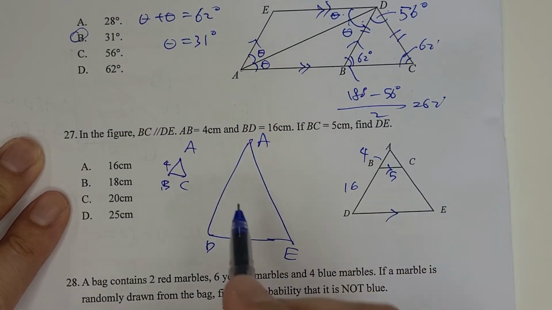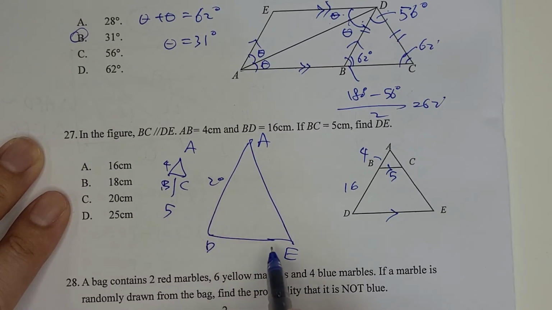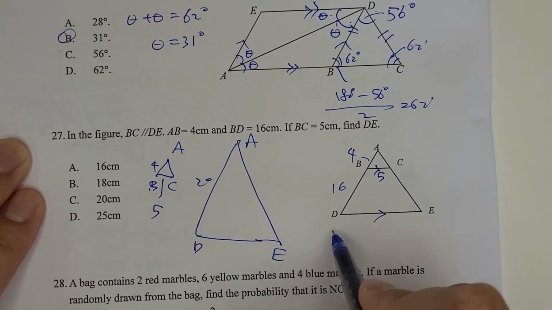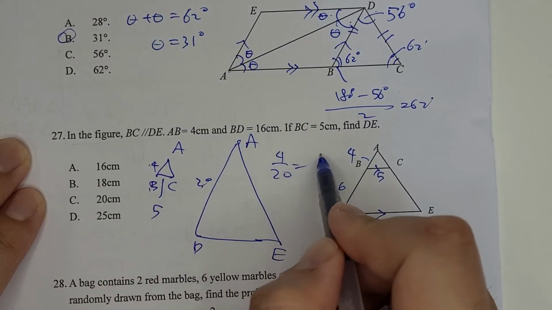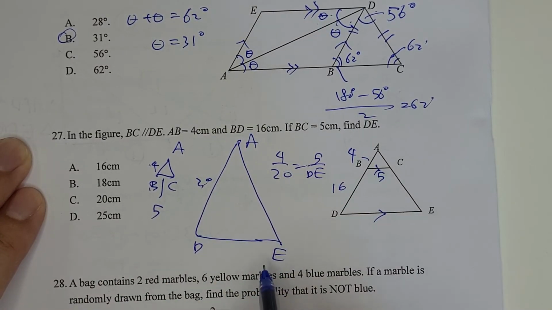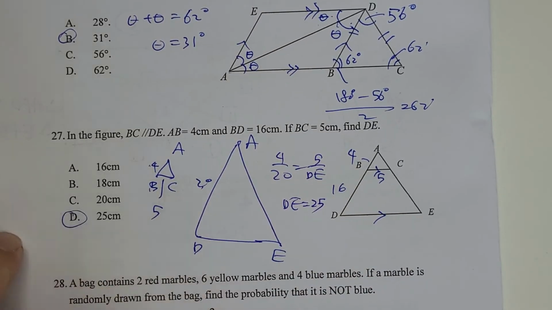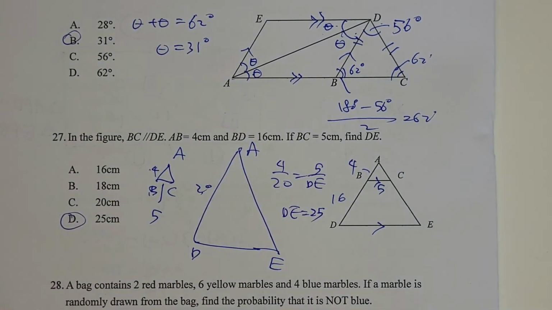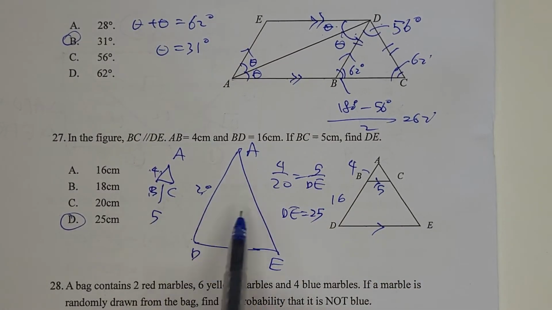That is 4 plus 16, 20. BC is 5, you need to find DE. So 4 over 20 equals 5 over DE. And hence DE is 25. So the answer is D. Don't just use 4 and 16. You use 4 and 20.